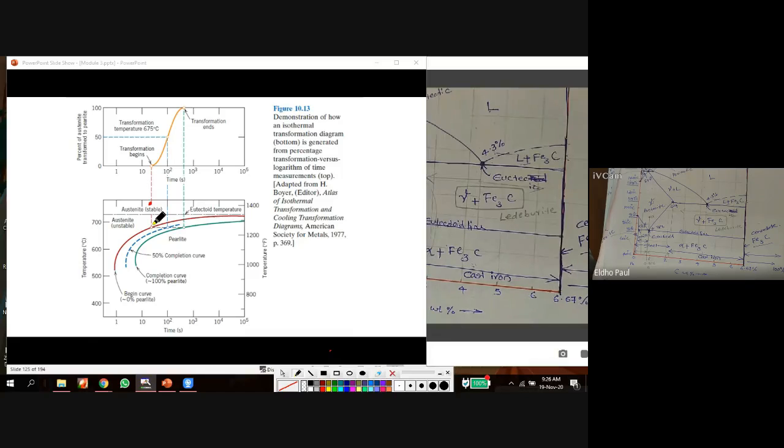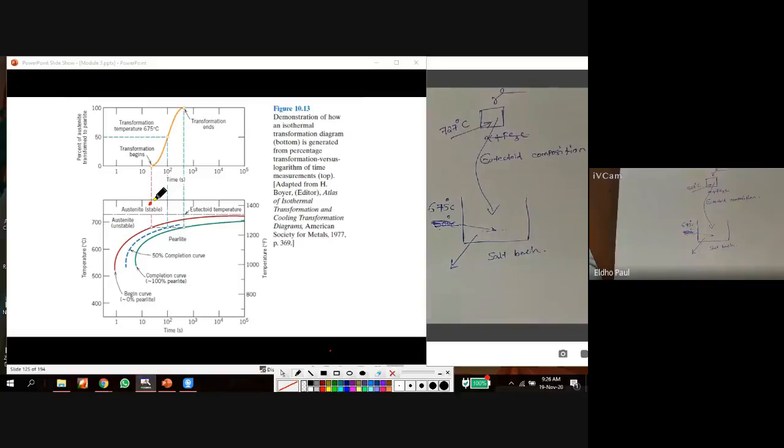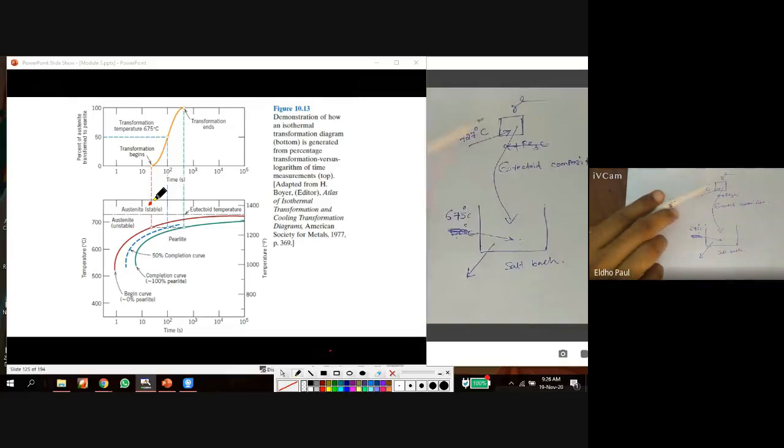Okay, and what happened? I suddenly cooled the austenite to 675 degrees Celsius, right? In this experiment, the gamma particles or austenite are suddenly cooled to 675 degrees Celsius. So this is the corresponding temperature drop.